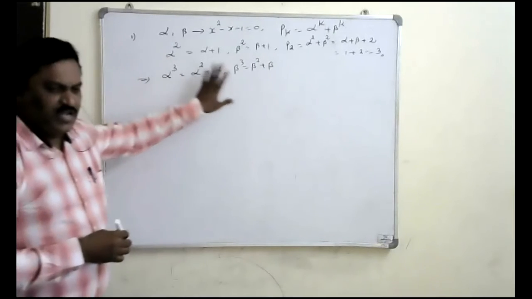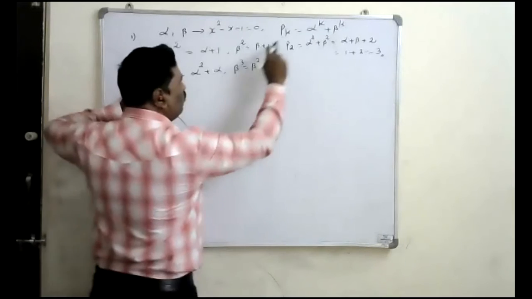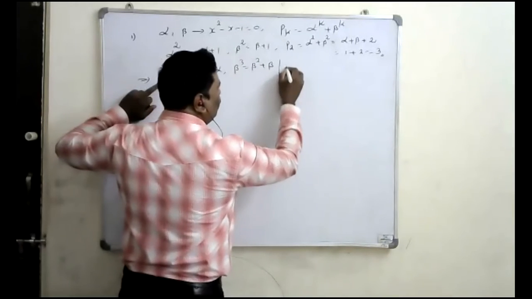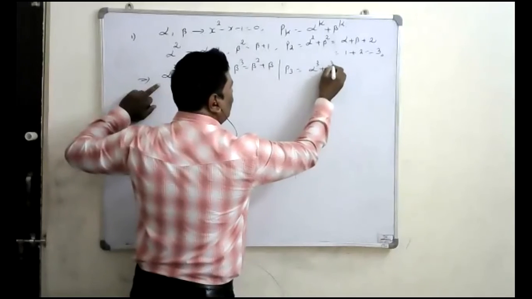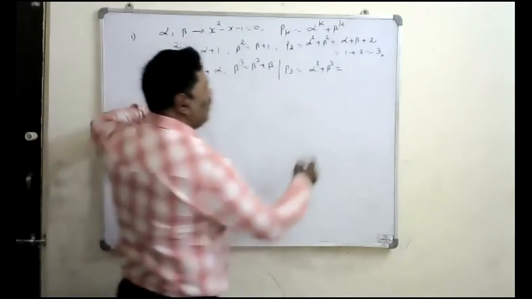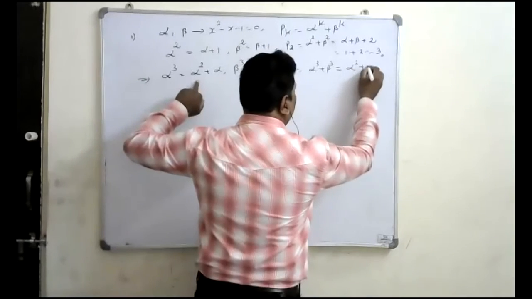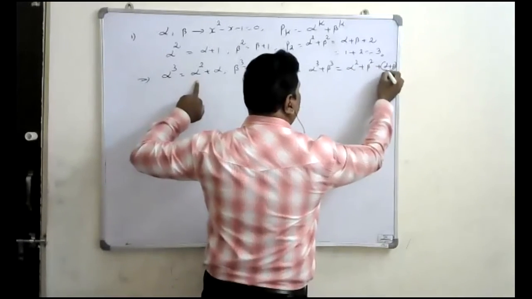Now if we add them, we get alpha cube plus beta cube, which represents P3. P3 means alpha cube plus beta cube. If we add both, what will we get? Alpha square plus beta square plus alpha plus beta. This is what you will get.